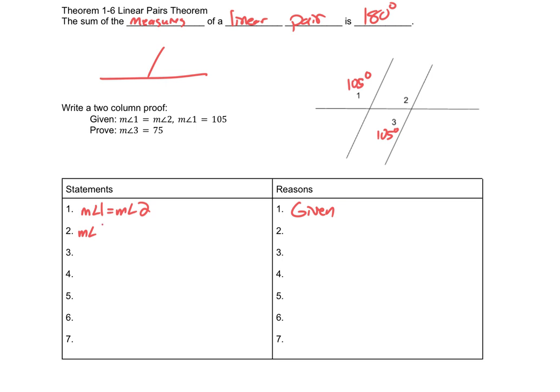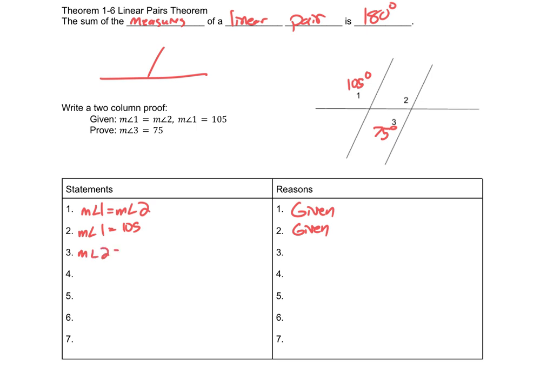And the measure of angle 1 equals 105, that's given. Sorry, I misstated that, prove that angle 3 is 75 degrees. That makes more sense.